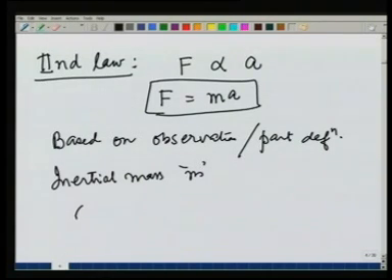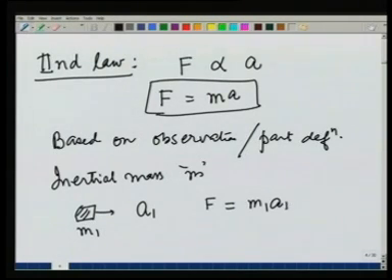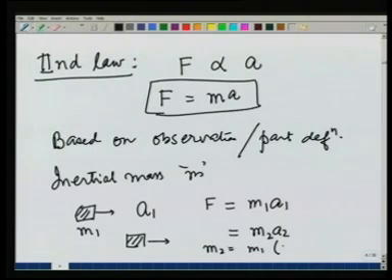Suppose I take a standard body, apply a force on it and produce an acceleration a1. So, that F equals m1 a1, and I take another body, apply the same force on it, maybe by a spring, maybe by hitting it or something, and find that acceleration is a2. Then the mass of the second body is going to be m1 times a1 over a2.